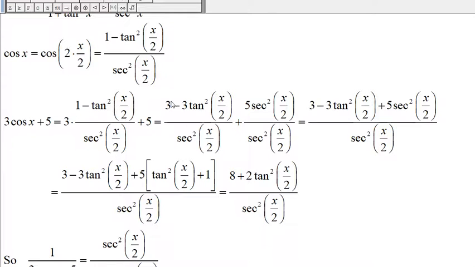So right here we get 3 minus 3 tangent squared, and then 5 is rewritten as 5 secant squared divided by secant squared. So for the top, we get 3 minus 3 tangent squared of x over 2 plus 5 secant squared of x over 2, and then dividing by the denominator secant squared of x over 2.